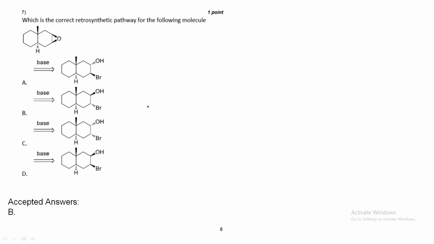But for this kind of case, I am not writing the whole thing, I am just using this particular cyclohexane ring. So it is above, here it is below, here it is below.